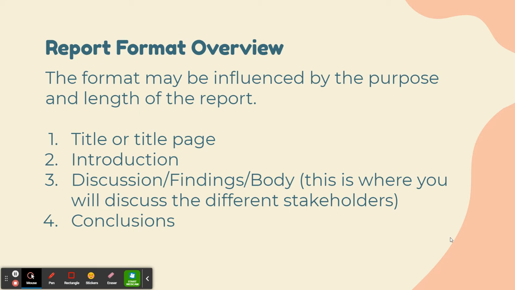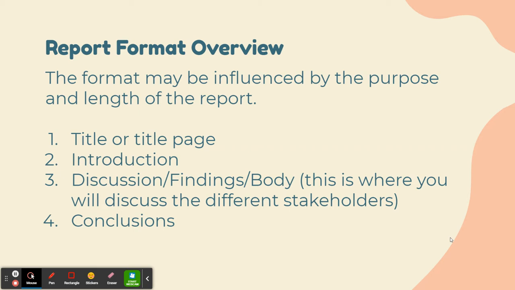Again, you can have some freedom in how you'd like to organize your report, but here are the traditional conventions of the report. Usually there's a title or title page. I think you'll see in my examples they attempted both.